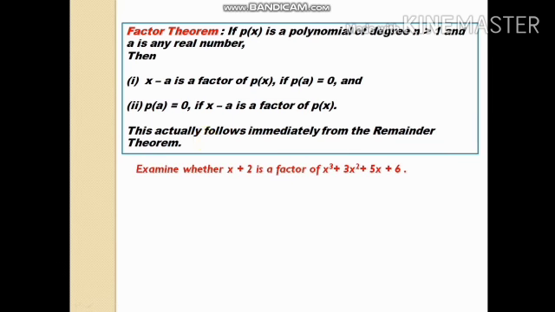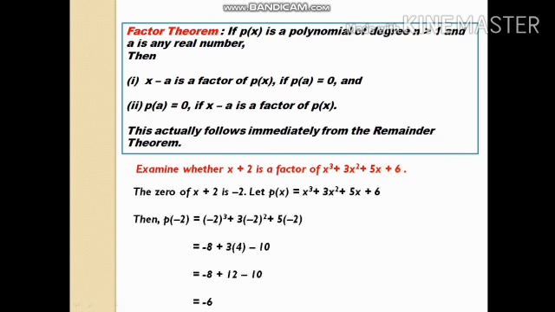Let's solve one question. Examine whether x + 2 is a factor of x^3 + 3x^2 + 5x + 6 or not. For that, here x + 2, the zero of x + 2 is -2.